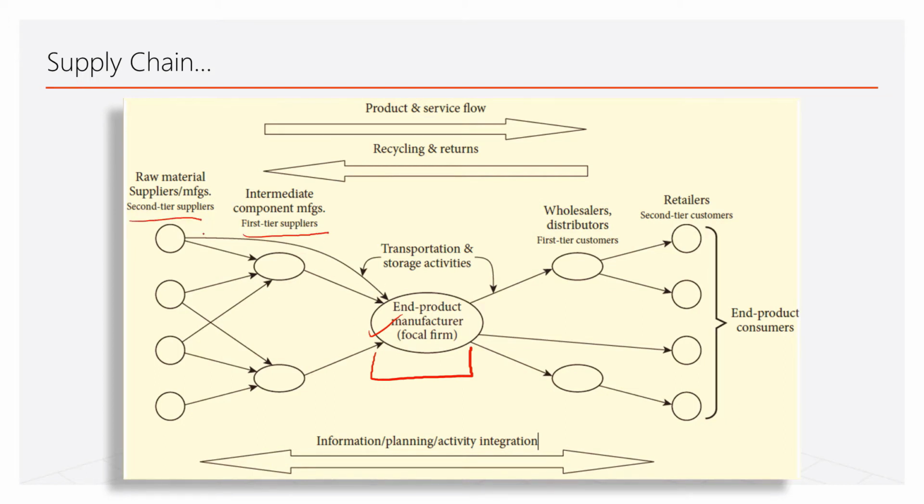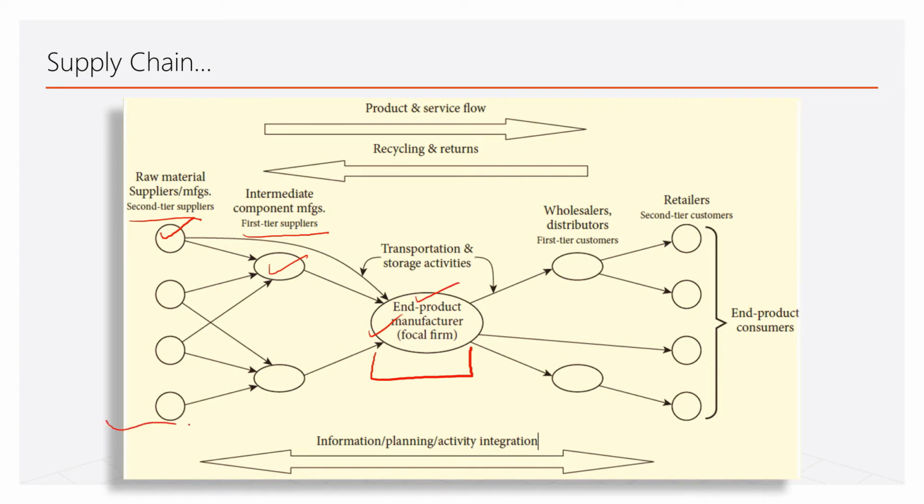The relationship between those suppliers and the manufacturing firm is not only linear. When I say linear, that means the second tier only distributes to the first tier supplier, and the first tier supplier only distributes to the manufacturer. This is not actually happening. They even have non-linear relationships. So this particular supplier, as you can see from this diagram, is distributing to this particular supplier as well as maybe distributing to this particular manufacturing firm.